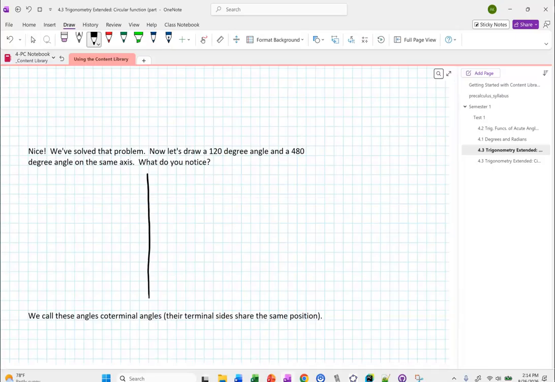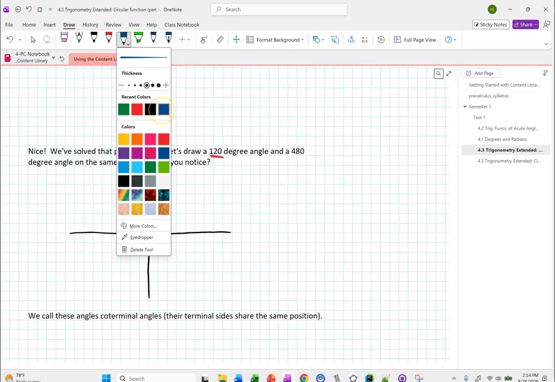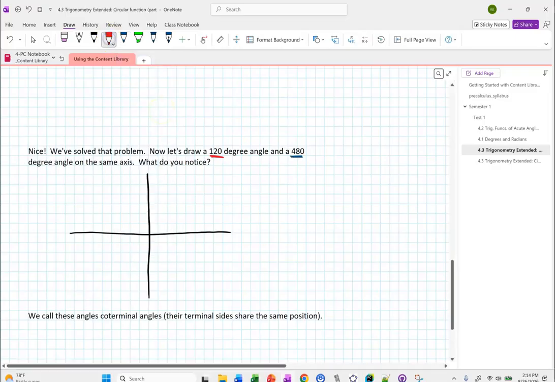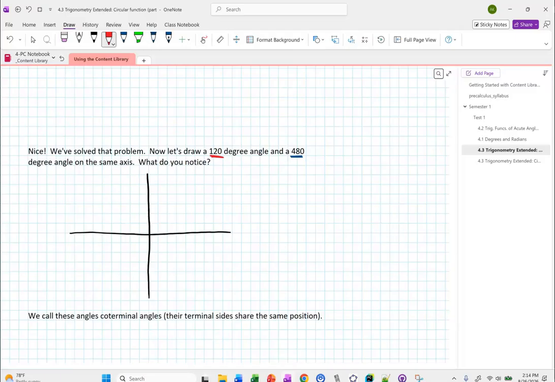And I'll color code these since I'm doing them on the same axis. So let's do, this guy's a ready, and we'll do this guy's a bluey. Yes, go ahead. All right, we were good to start.